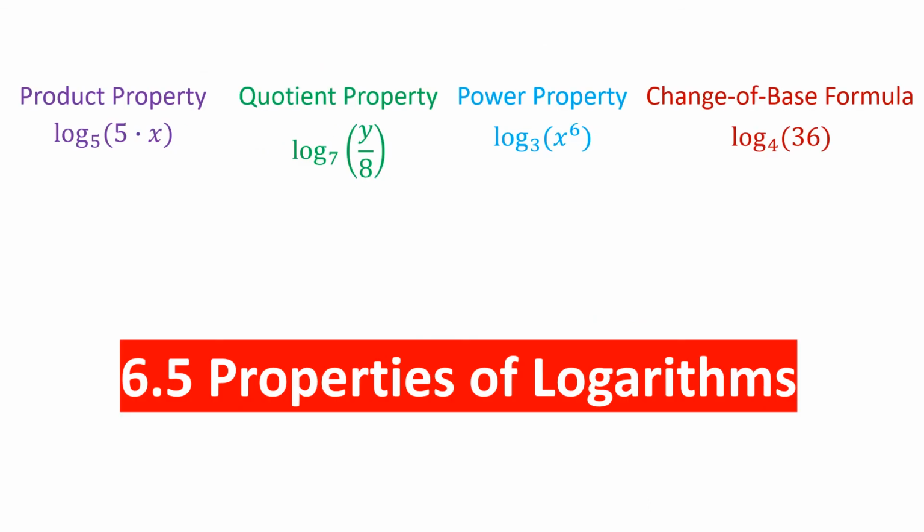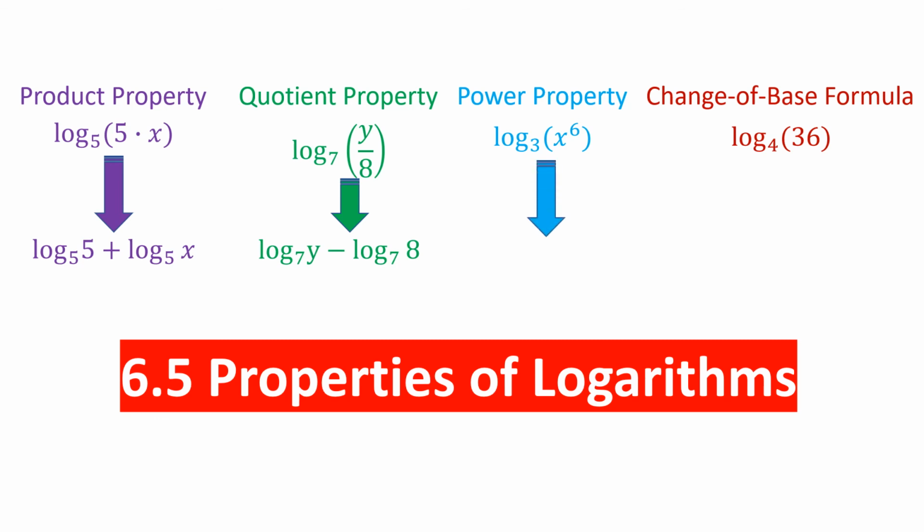So please don't leave today without feeling comfortable about these 3 properties in one formula. When we have the product property, we can expand through addition. When we have the quotient property, we can expand through subtraction. When we have the power property, we can take that exponent of 6 and it can come out as a coefficient.